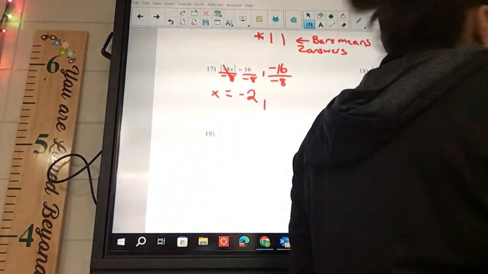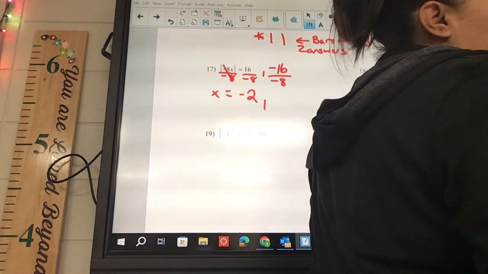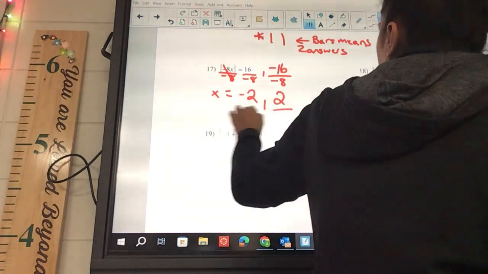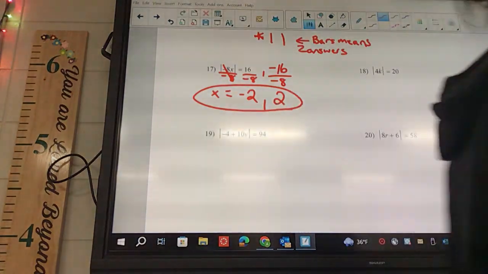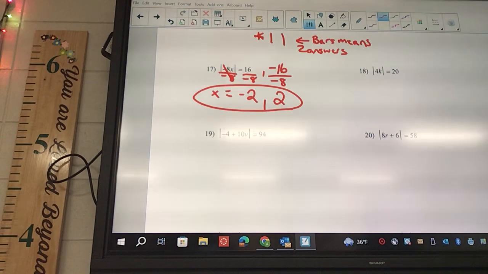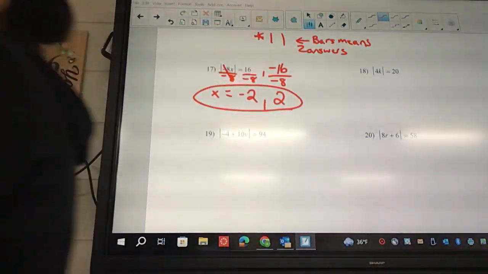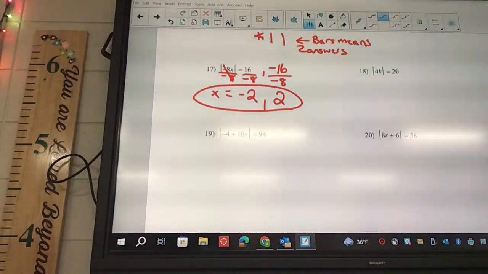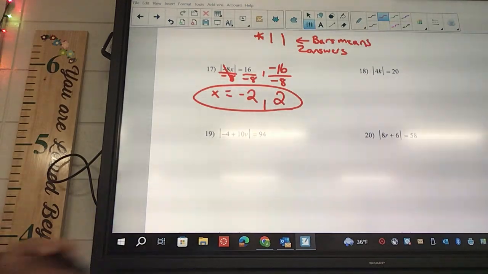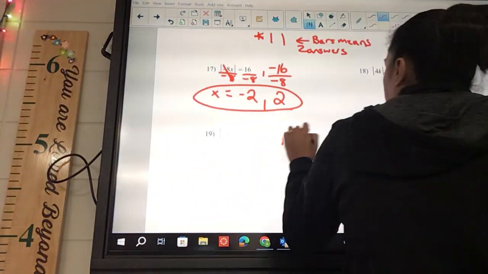Negative 16 divided by negative 8. 2. Okay, now, don't get it mixed up. Not all of them are going to be like 5 and negative 5, 2 and negative 2. Okay, they are not. So don't do that. Okay, 19, is there anything on the outside of the bars? No. Okay, so we can go ahead and say comma, make it a negative 94.